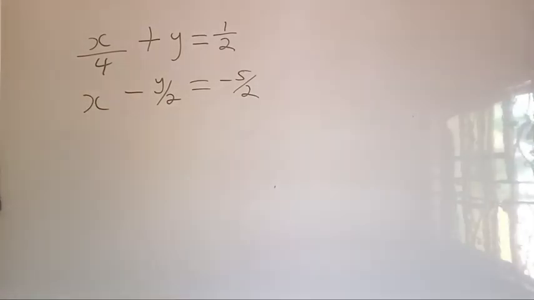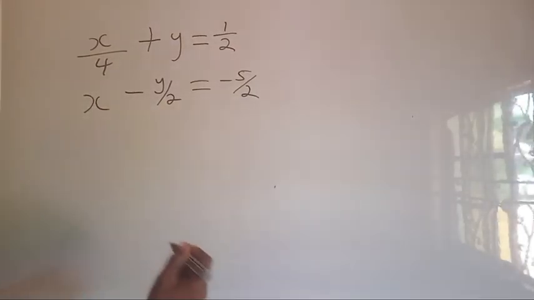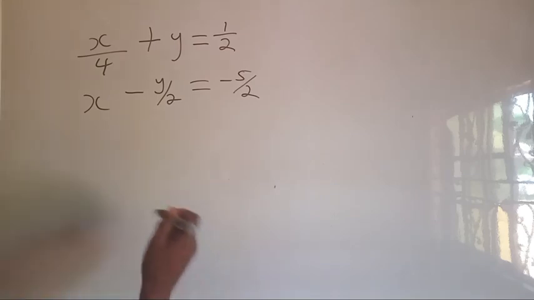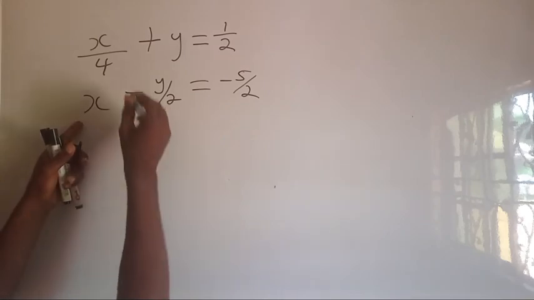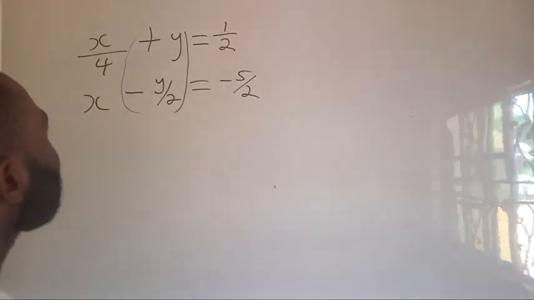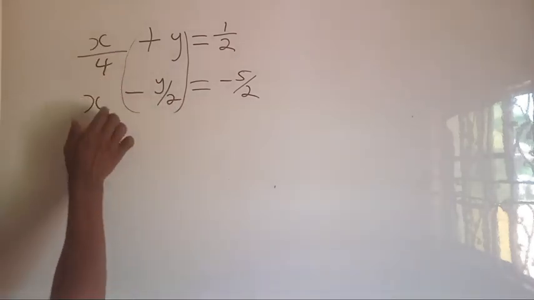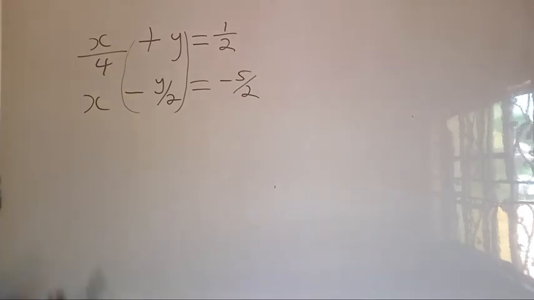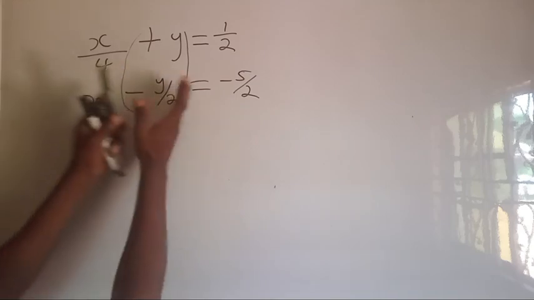So now, in trying to solve without the elimination method, as I explained before, we want to find the value of x first. So let me circle this, because we want to find the value of x. I will find this first before this.